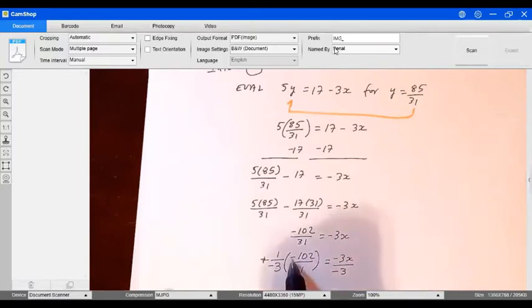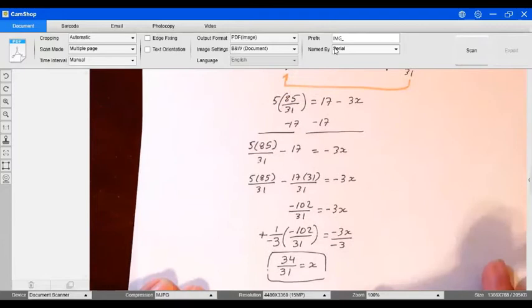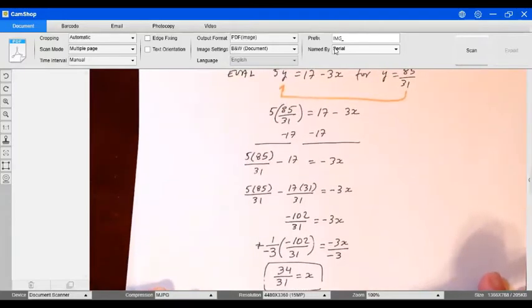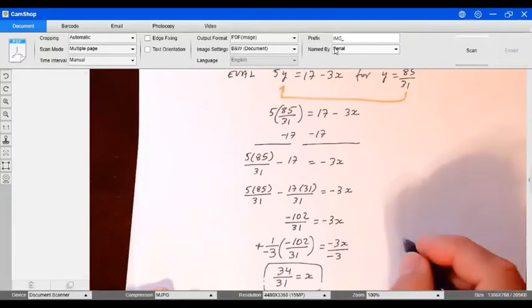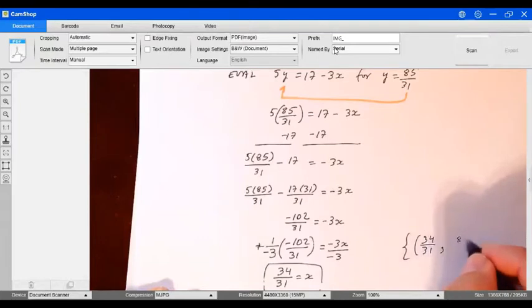So now negative divided by negative is going to be positive, and if you divide 102 by 3, you're going to get 34 over 31 is going to be equal to x. So now we have the solution that we are looking for. So we have a value for y, we have a value for x. So the solution is going to be 34 over 31 for x, 85 over 31 for y.